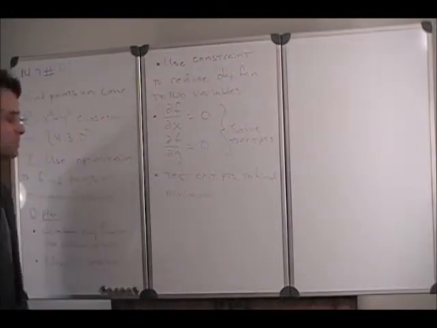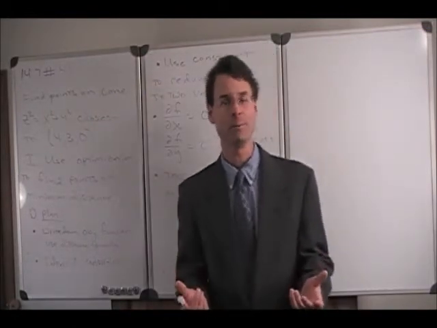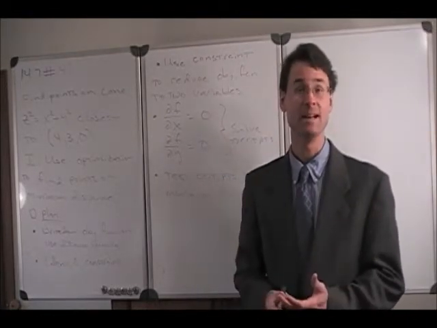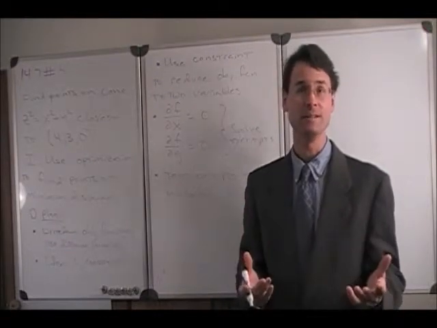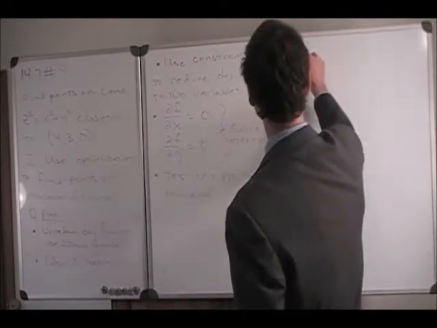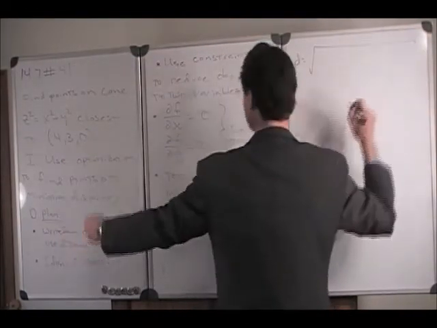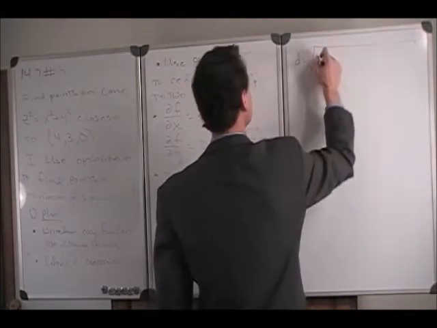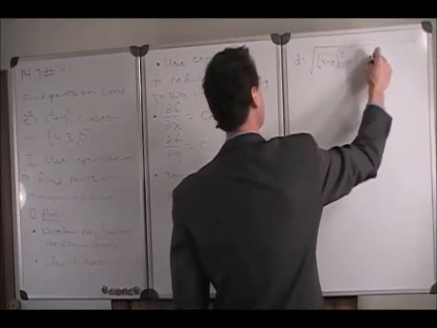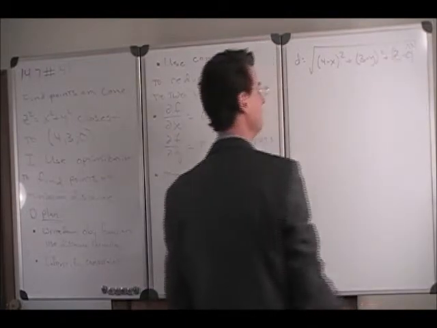One thing that's going to occur to us as we go is, rather than minimizing the distance, because the distance formula has a square root in it, and when you take derivatives of things with square roots you get more complicated answers, we're going to minimize the square of the distance and make it our objective function. The distance between this point and any point, just call it x, y, z, is the square root of (4 minus x) squared plus (3 minus y) squared plus (z minus 0) squared.